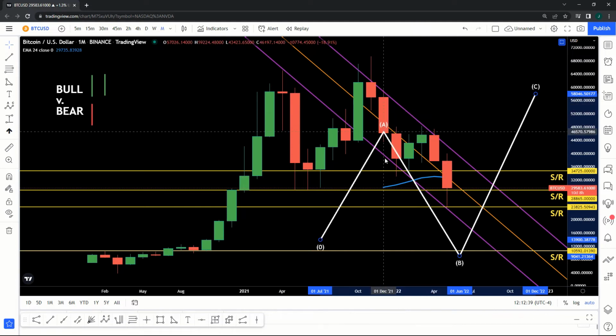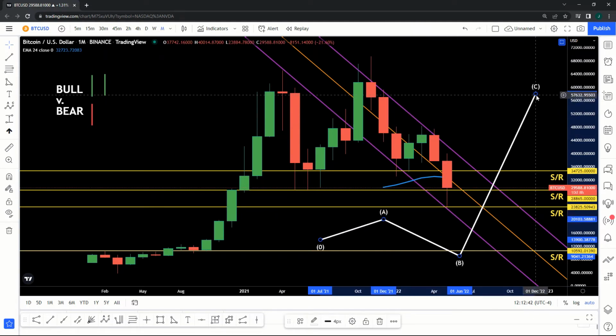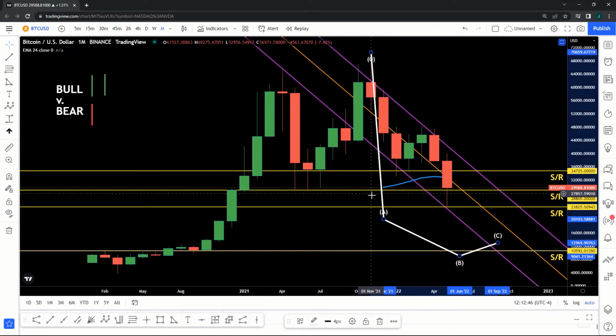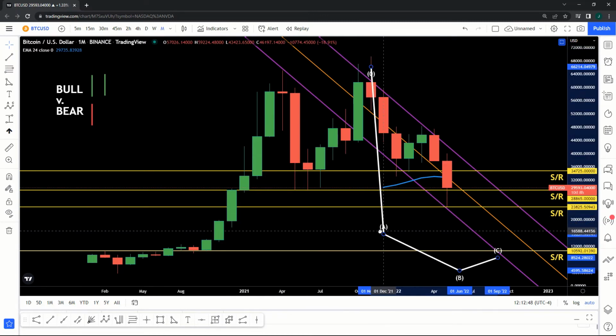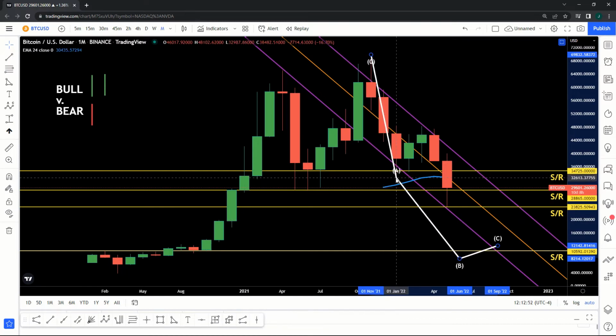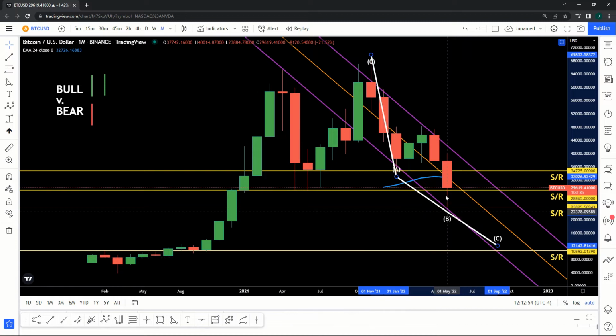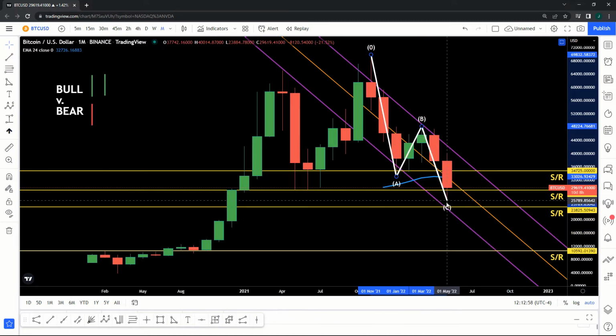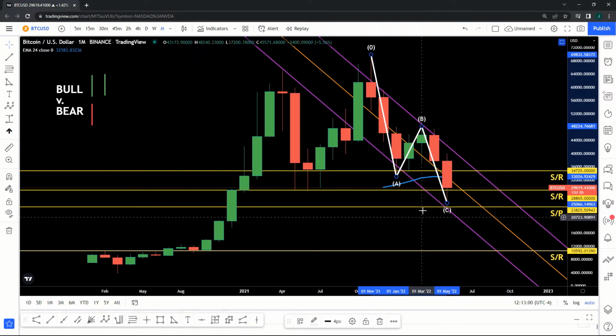Now let's reset it again. So from the swing high, we have, oops, we have a swing high to swing low to swing high to swing low. Right?